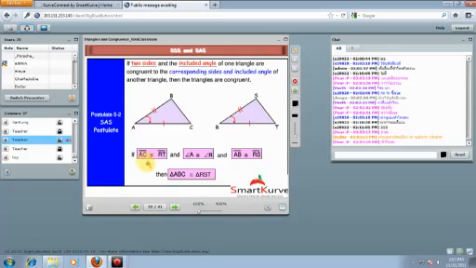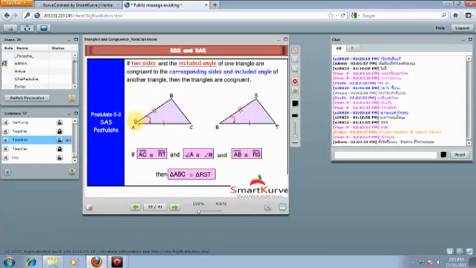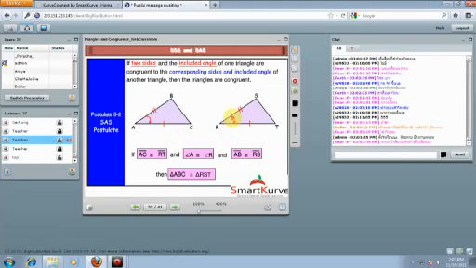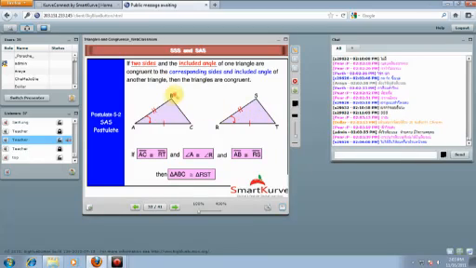So in the example, we see that side AC equals side RT, and that angle A equals angle R, and that side AB equals side RS.